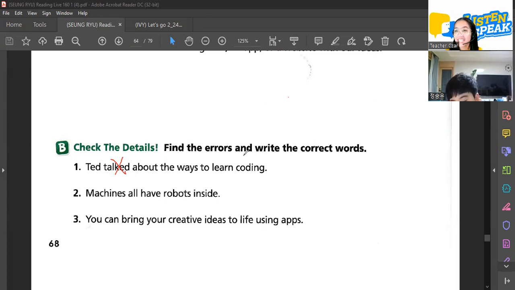He didn't talk because he should, what is it? Should, share. Oh, share. He shares something. He shared about the ways to learn how to code. Now, how about number 2?